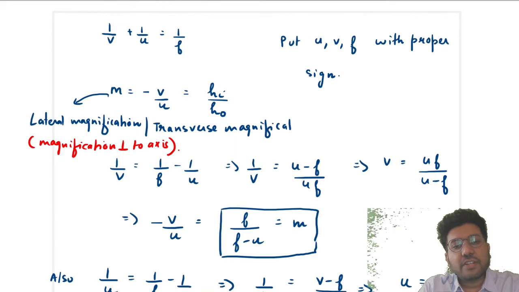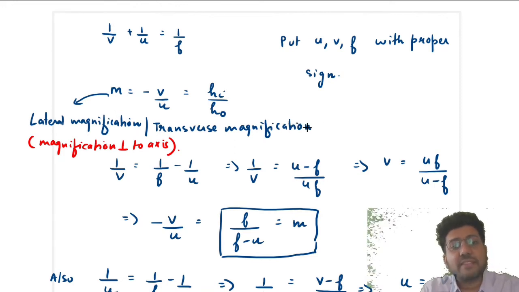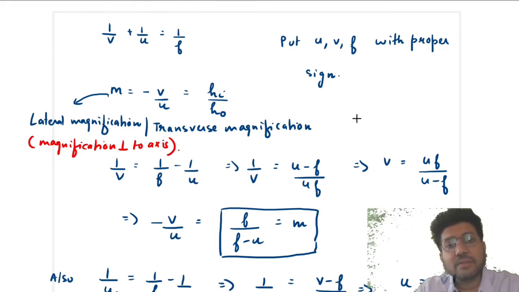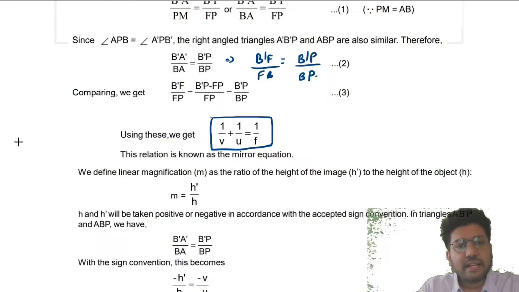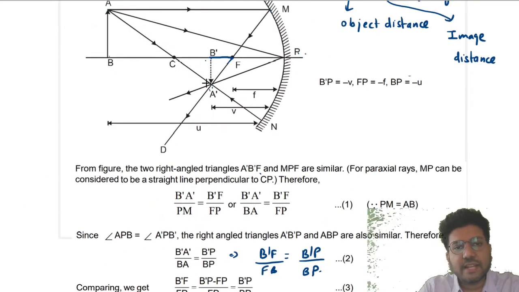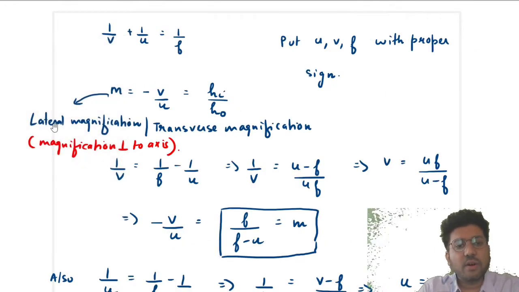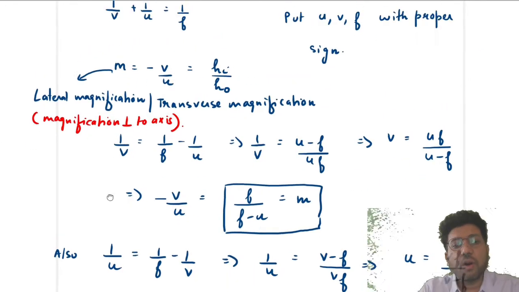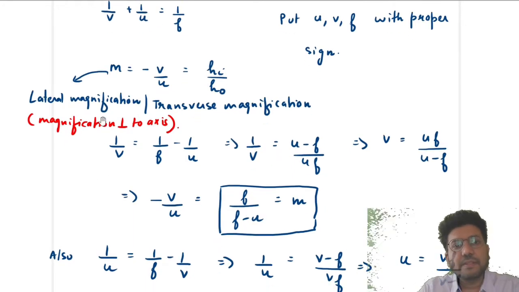Lateral magnification or transverse magnification means magnification perpendicular to the axis. So in this diagram we have seen that this magnification is perpendicular to the axis, right? So the magnification perpendicular to the axis is called lateral magnification or transverse magnification, right?